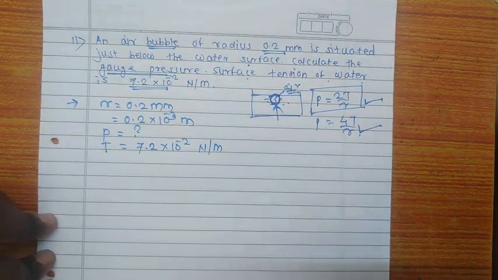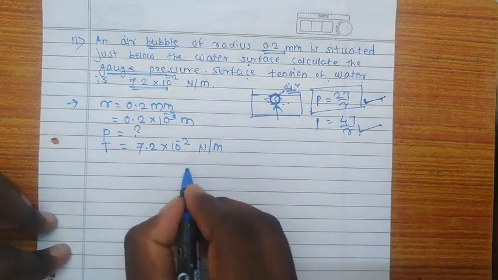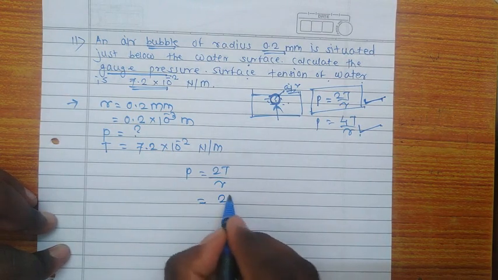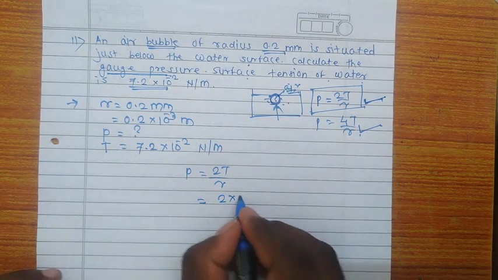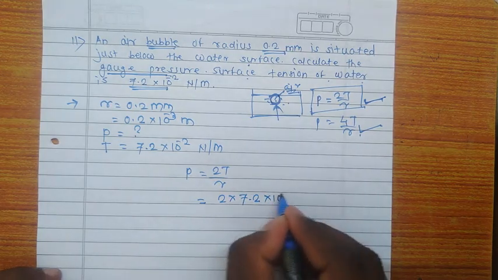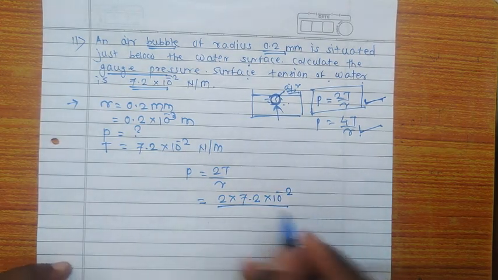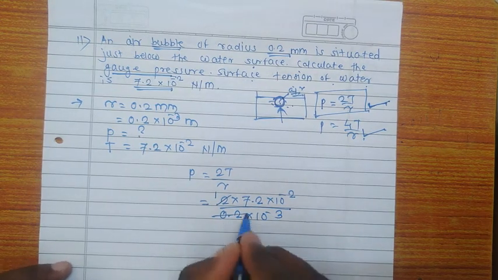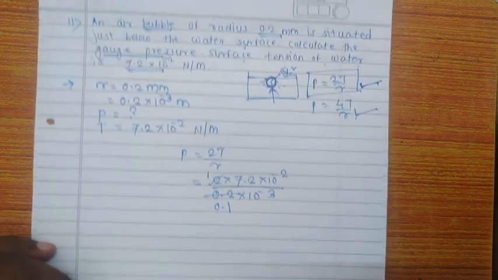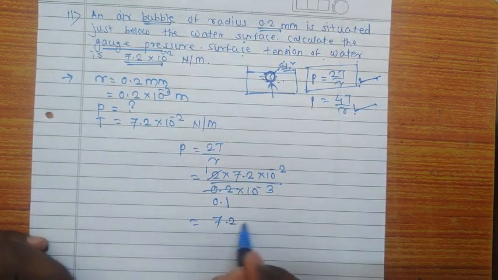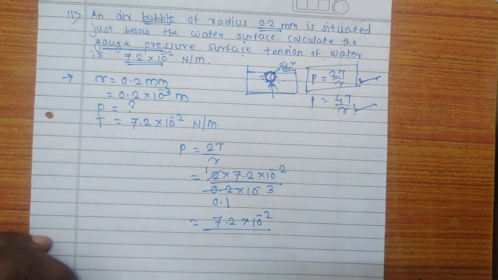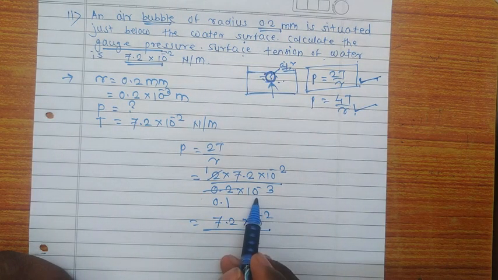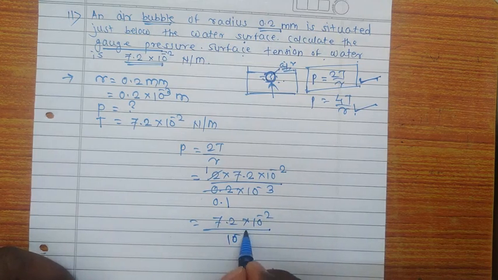Now, what is the formula? Which formula are we going to use? This. So P is equal to 2T divided by R, which will be equal to 2 multiplied by the value of T, 7.2 into 10 raised to minus 2, divided by the value of radius, 0.2 into 10 raised to minus 3. So 2 ones are 0.1. So we get here 7.2 into 10 raised to minus 2 divided by 0.1, which means 10 raised to minus 1 into 10 raised to minus 3, it will become 10 raised to minus 4.